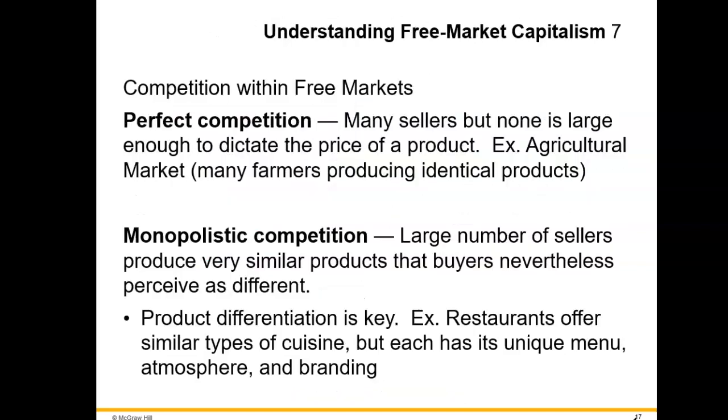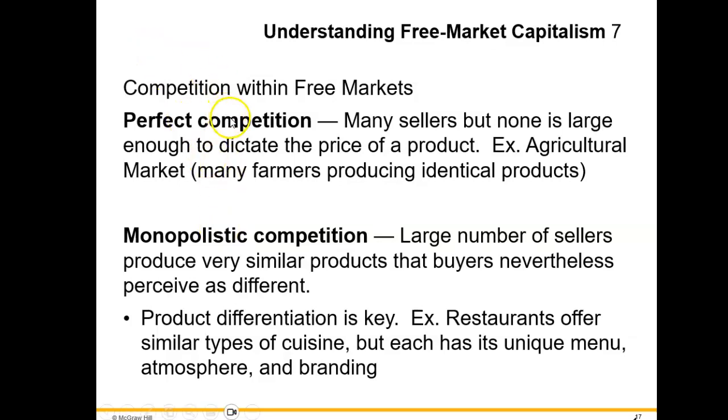Okay, we'll talk now about different types of competition within a free market, and then we'll come back with part 2 of our chapter 2 video. We're going to look at perfect competition and monopolistic competition. All right, and these are within a free market.